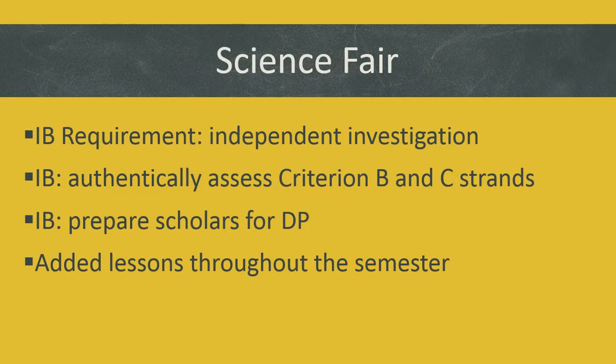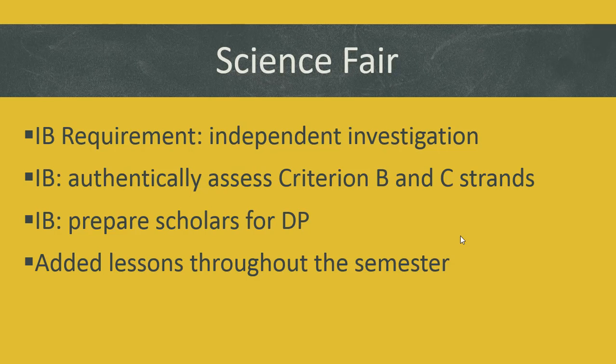The other part of the scientific inquiry unit for Unit 0 is the science fair. Science fair is extremely important for our IB requirements. Whether your school is going through authorization or being evaluated, scholars need to conduct an independent investigation in science class.